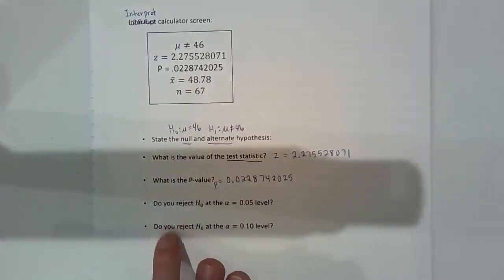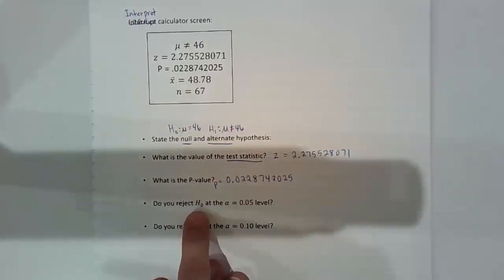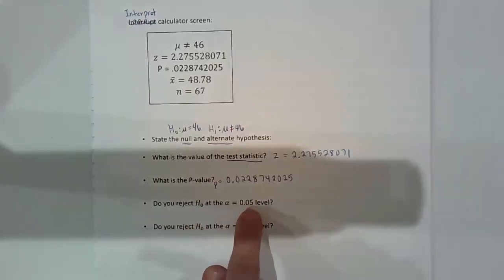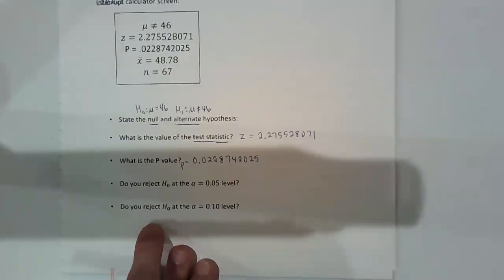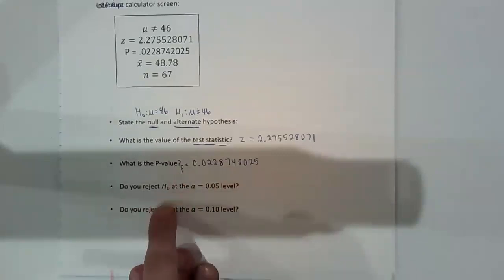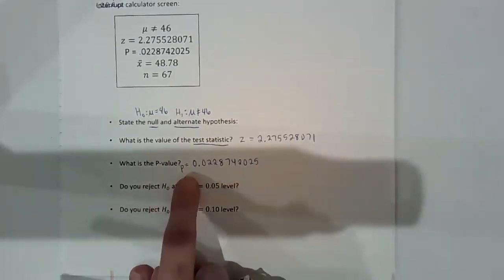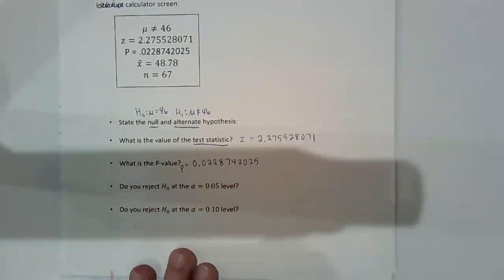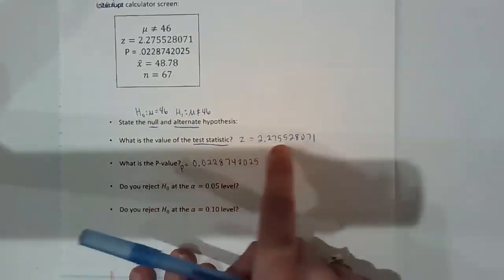Now we are asked to answer the question if we're going to reject the null at a certain alpha level. And then for the last one, we're going to change that alpha level to see if our decision changes any. We're going to use the p-value method in order to determine if we're going to reject the null. That method is easiest in this situation because I don't know what my critical value is.